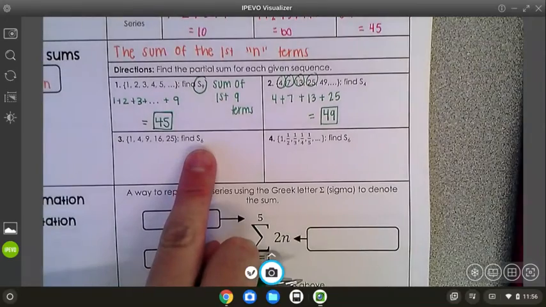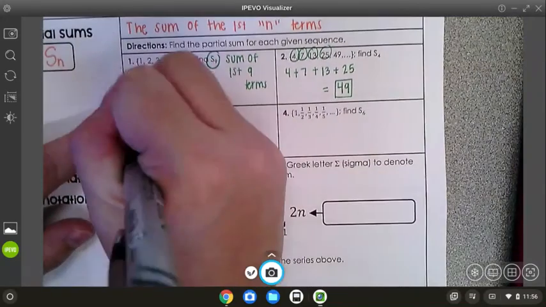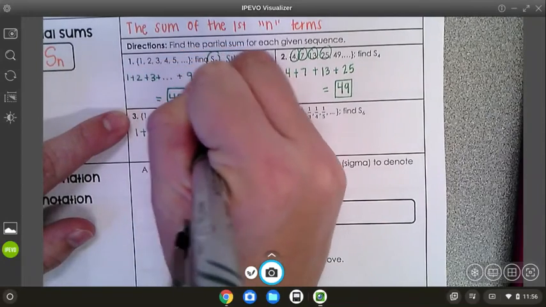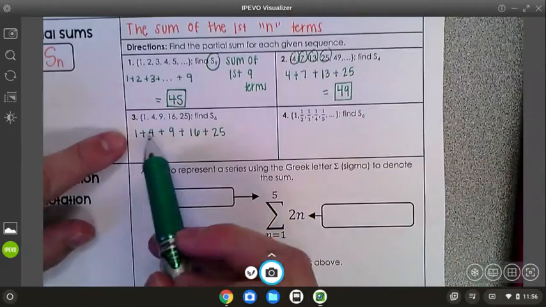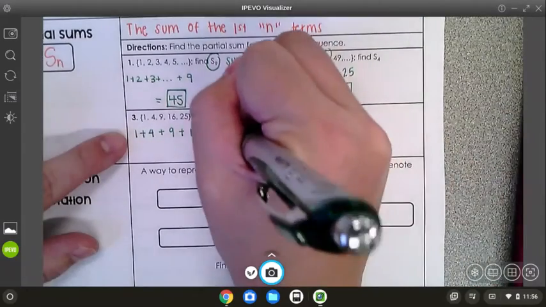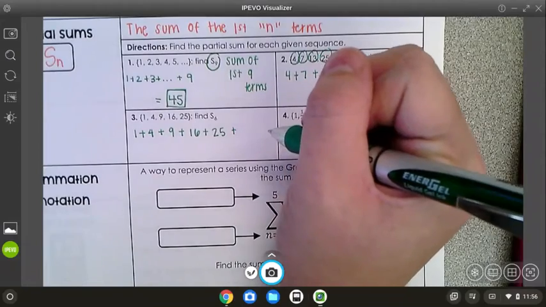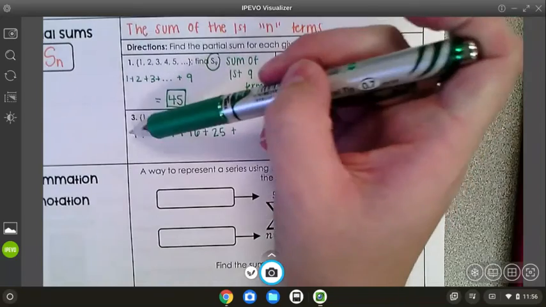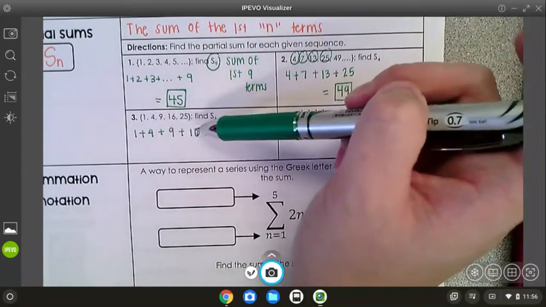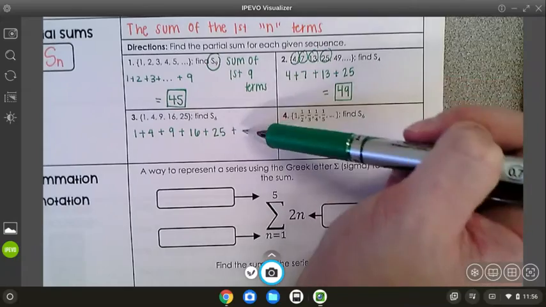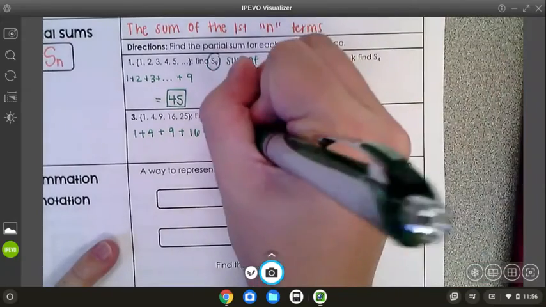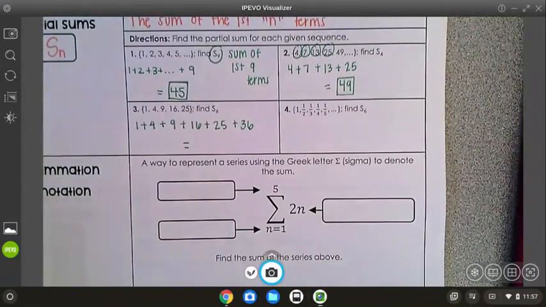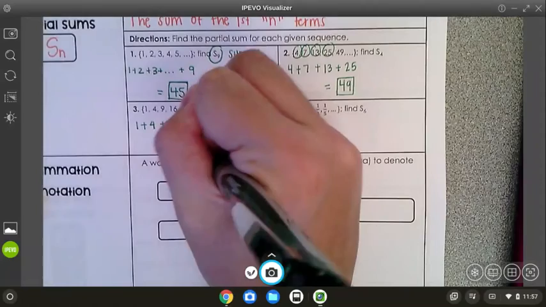The sum of the first 6, we've got 1 plus 4 plus 9 plus 16 plus 25. That's only 5 terms. What's the next one? These are all perfect squares: 1 squared, 2 squared, 3 squared, 4 squared, 5 squared. So the next one would be 6 squared or 36. And we get 91.